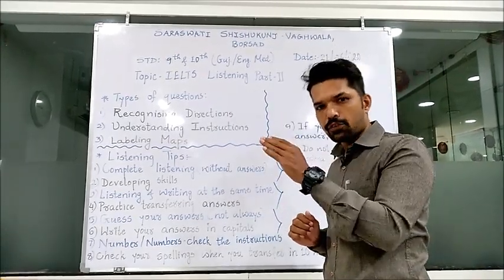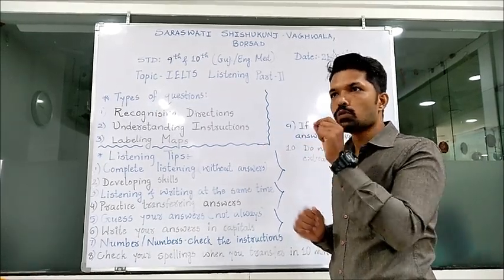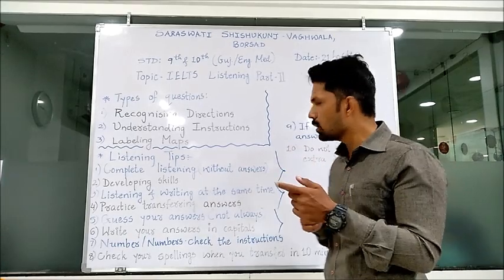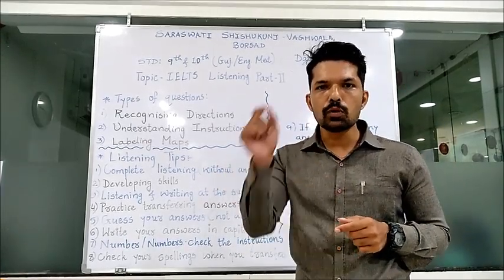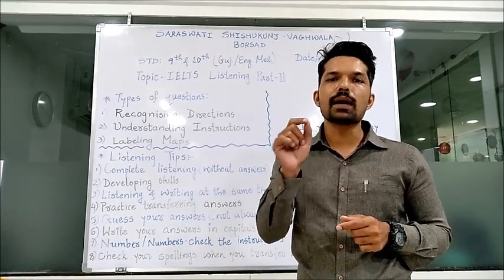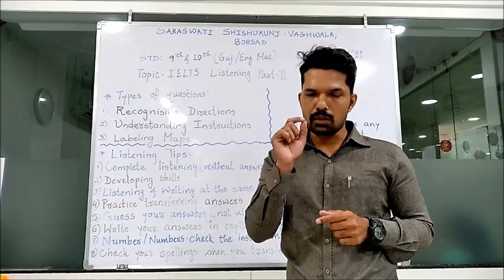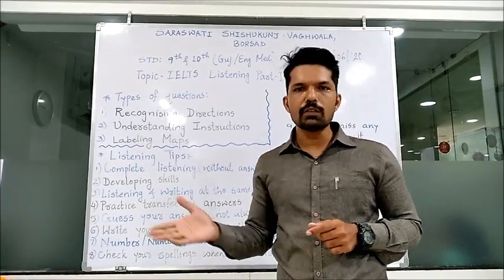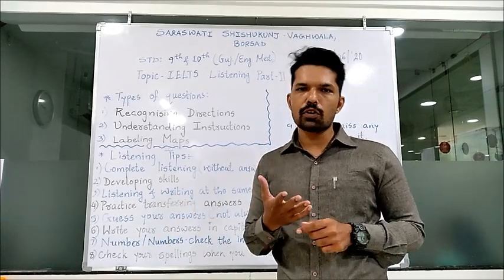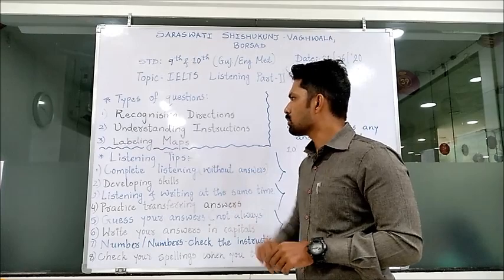On the left, the first corner, there is D marked. So you have to listen to the instructions very carefully, and according to the instructions given to you, you have to label where D marked is located. This is very, very simple, but the most important thing here is you have to listen. Once you listen well, it will be very easy for you to understand what is said to be labeled.